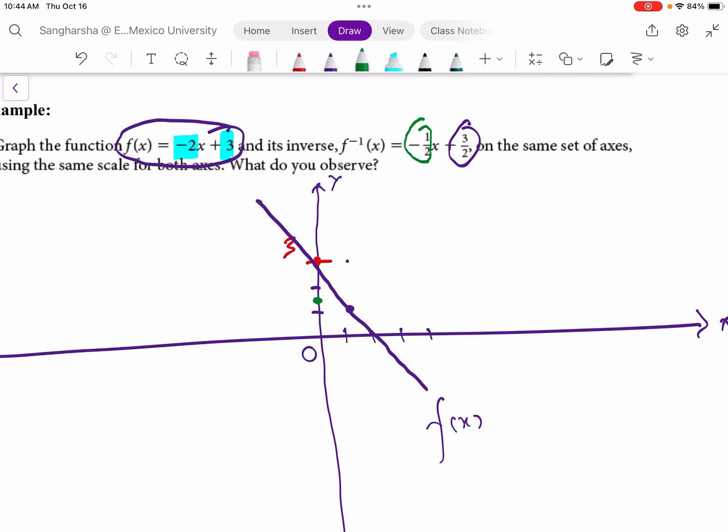You run the denominator, you go 2 units right and go down by 1 unit. So negative is negative 1 divided by 2. So you go 2 units right, then go 1 unit down. 1 unit down means 0.5. So this is our second point. So this is our f inverse of x.